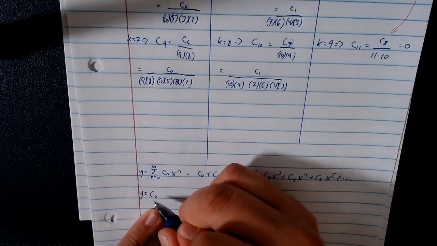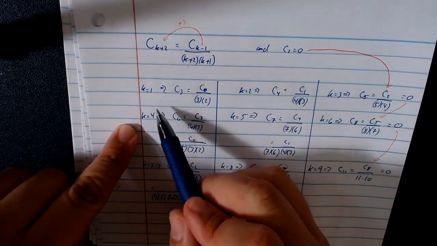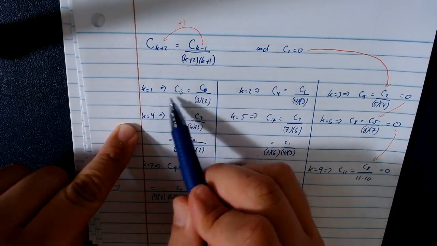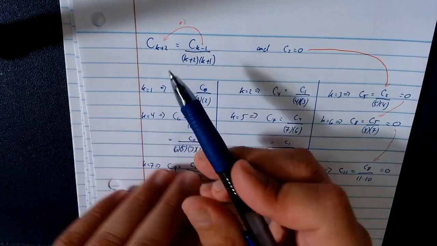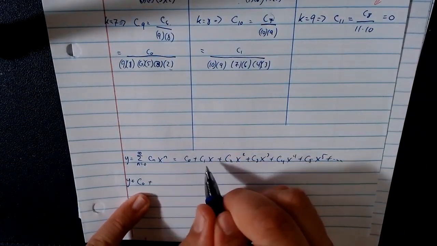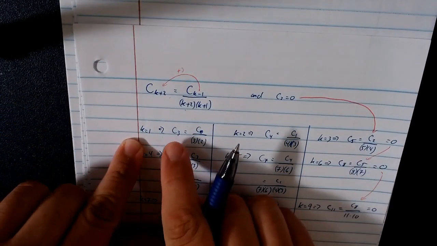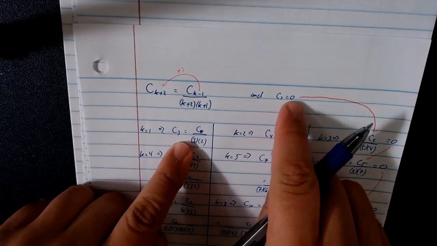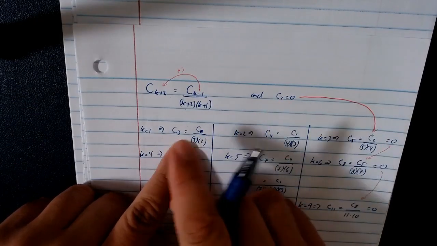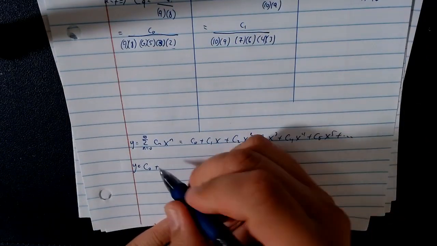For now, let's just write C0. Same thing with C1. I never got C1 from my recursion. The earliest one I got was C3, or technically C2 since that was 0, but definitely not C1. So I don't know what that is either. Let's call it C1 for now.